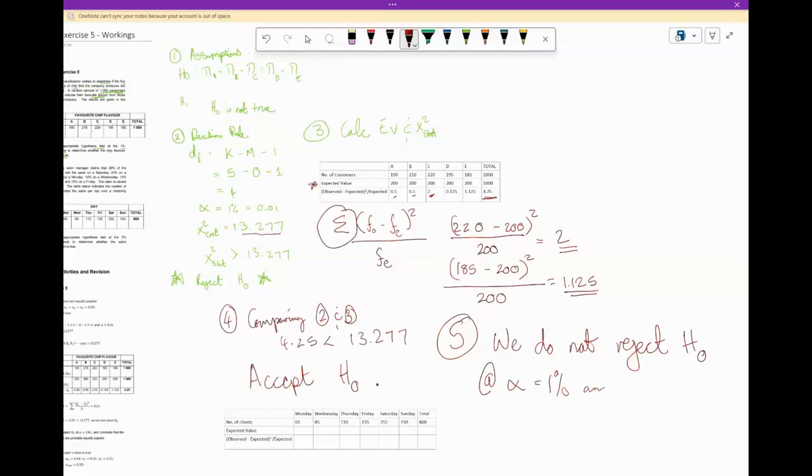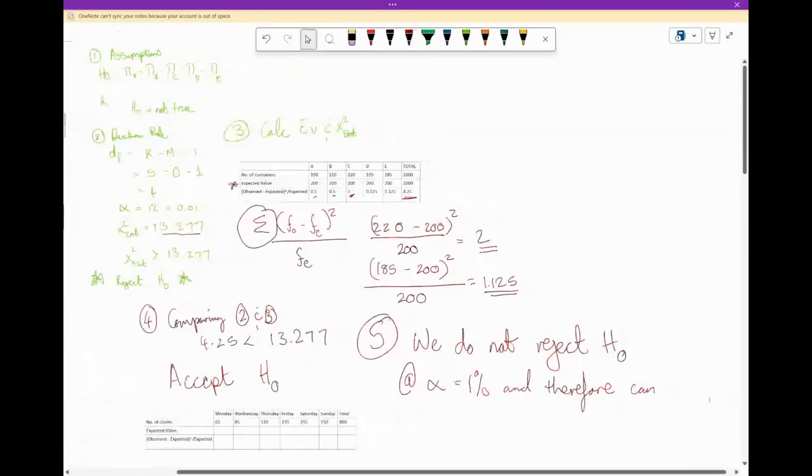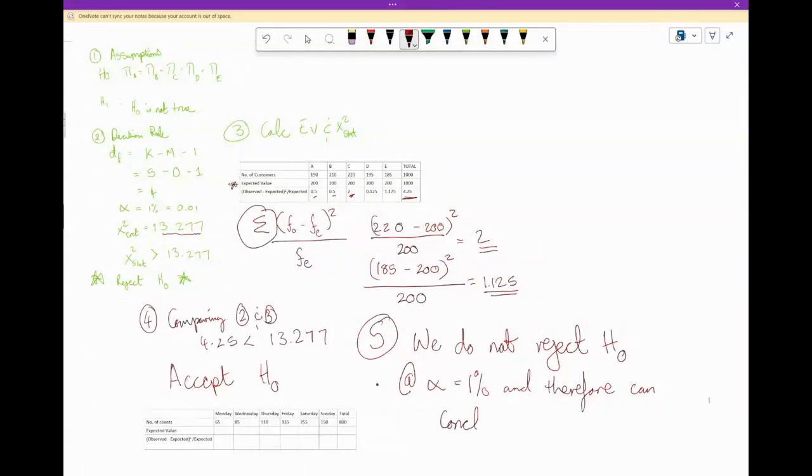And therefore we can conclude that the different flavors are equally popular. And we're home and dry for 5.1.